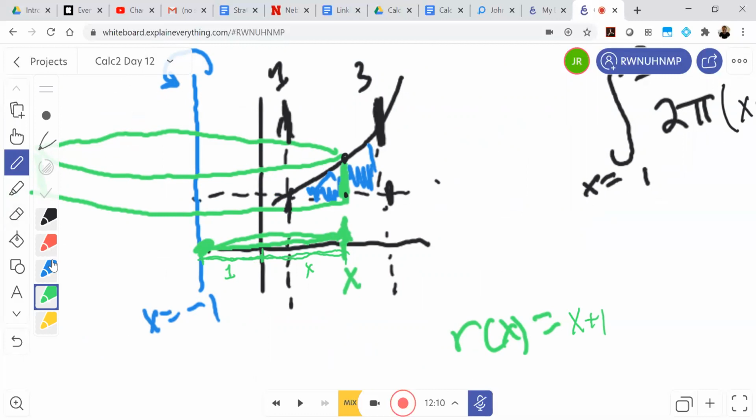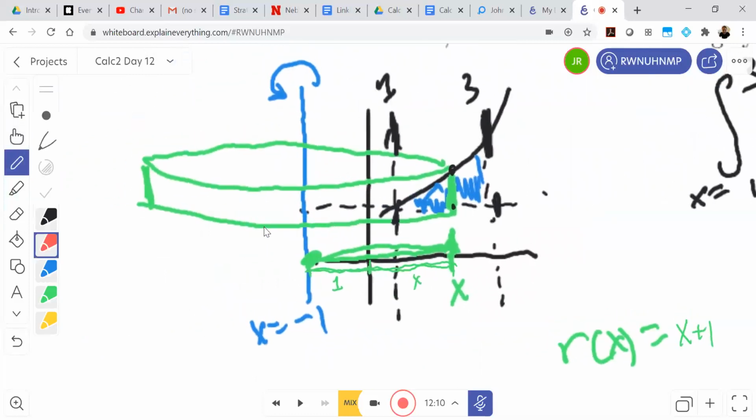But geometrically, the radius of the cylinder, let me pull this into frame just a little more. The radius of the cylinder, notice, is going to be from the center of the cylinder, that's the center of the corresponding circle, that's this axis of revolution, out to the outer edge of the cylinder. So that's a radius for this particular cylinder.